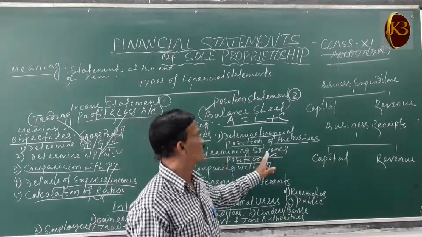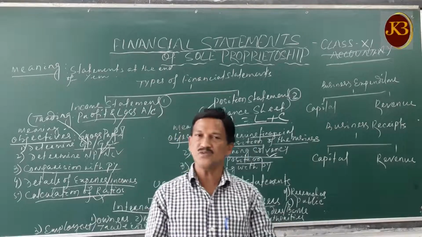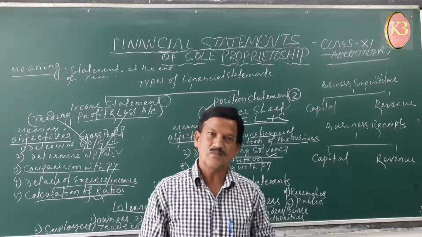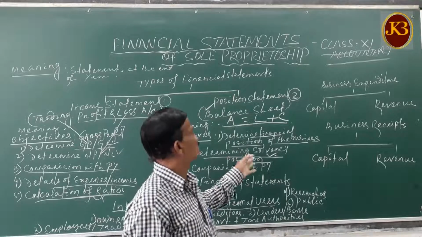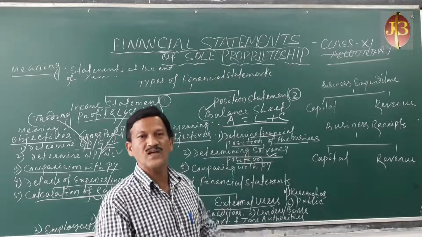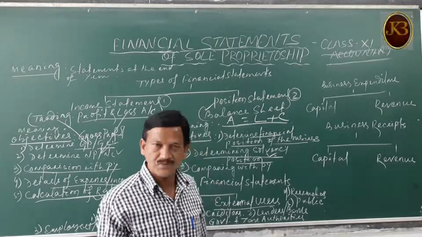This can also be calculated through the debt equity ratio, which you will study in your higher studies in the 12th class. About that, just know that the long-term solvency position is the ratio prepared by comparing the long-term assets and the long-term liabilities.